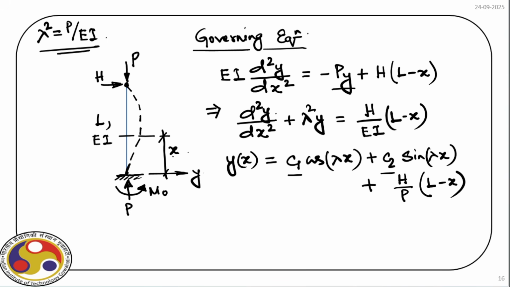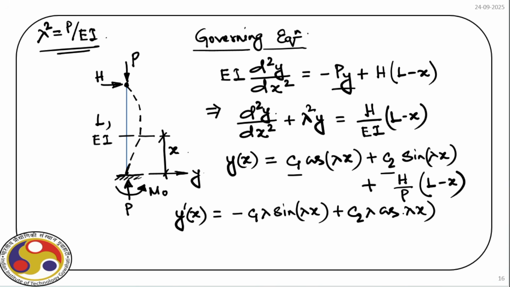At x equal to 0, the deformation is 0 and the slope is also 0. So let us first find out the slope and then we will apply the boundary condition. So we have minus C1 lambda sine lambda x plus C2 lambda cos lambda x.